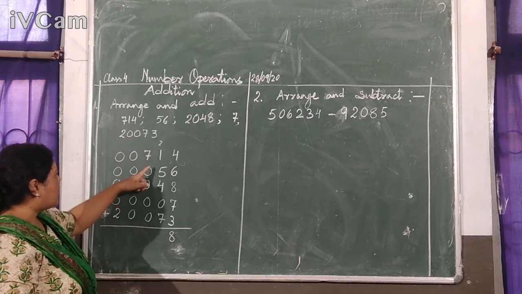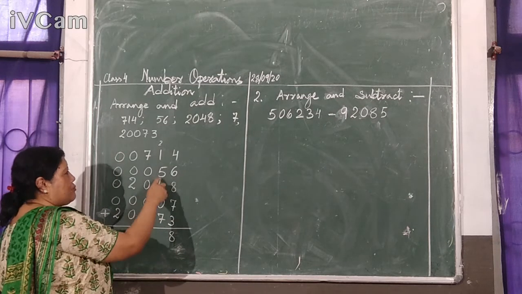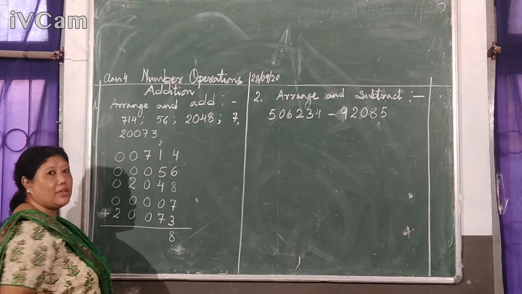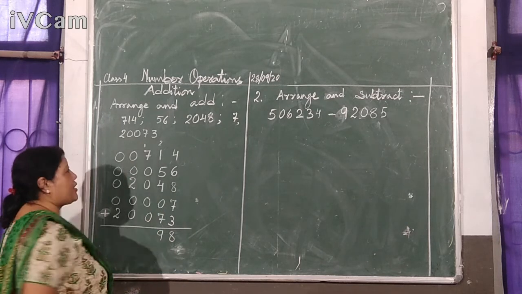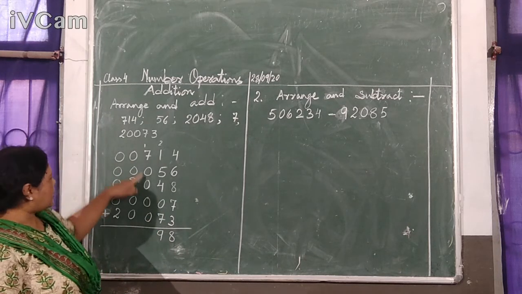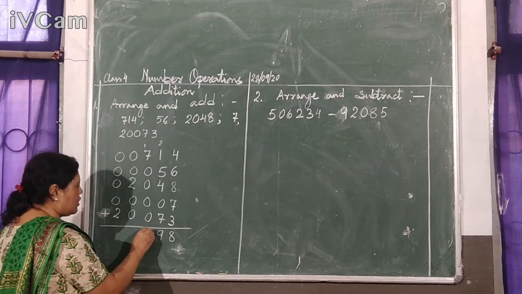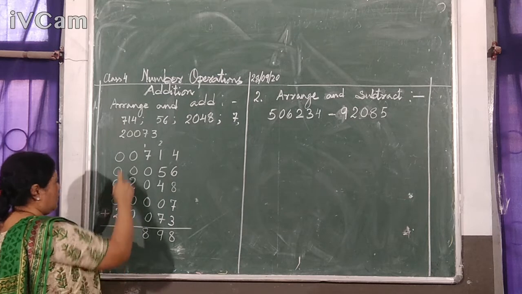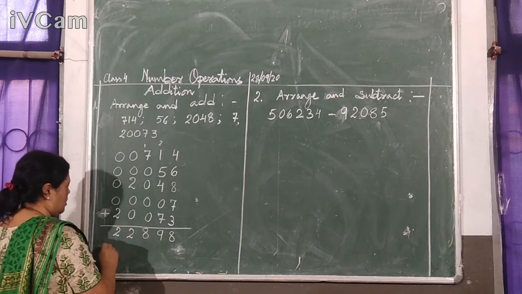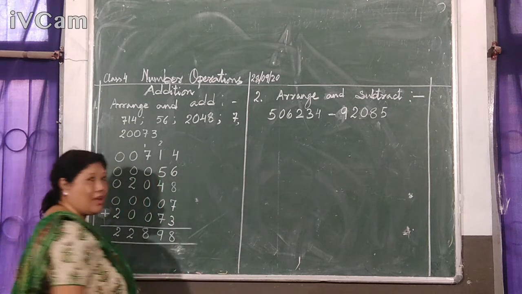Then 2 plus 1 will be 3, 3 plus 5, 8, 8 plus 4, 12. 12 plus 7, 19. Then again 1 carried. Okay. Then 8, nothing out here. So 8 only. Here only 2. So this is the answer.